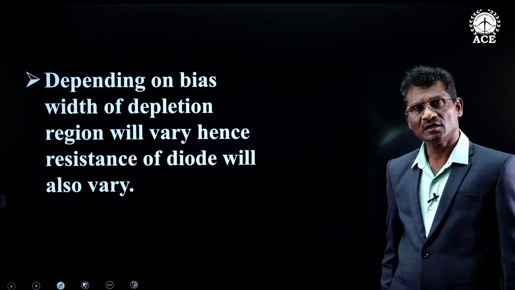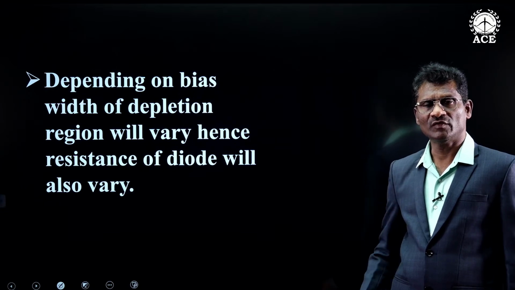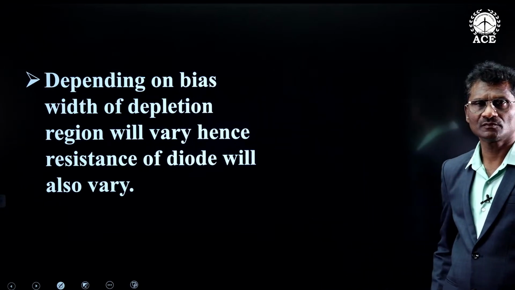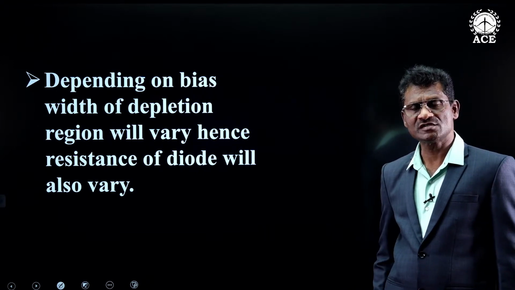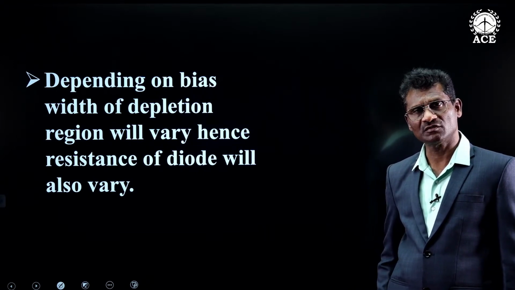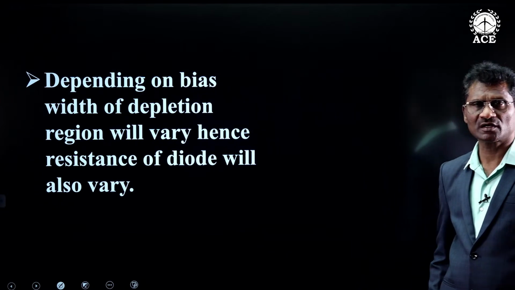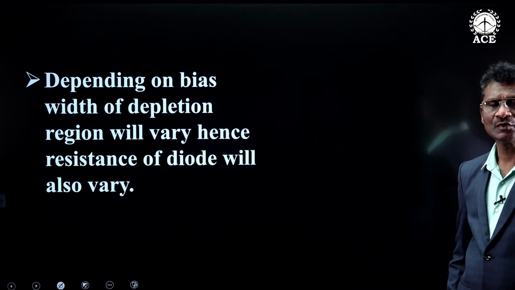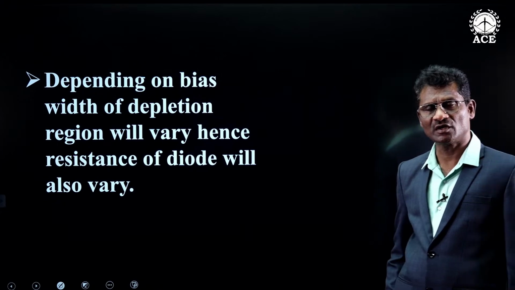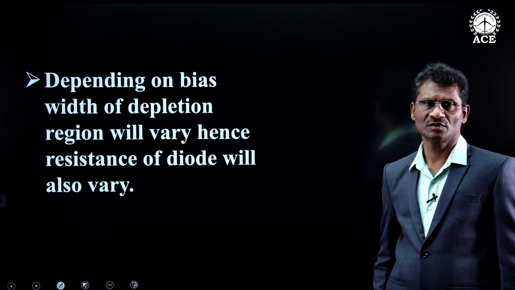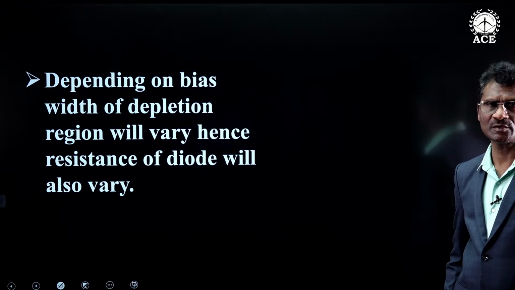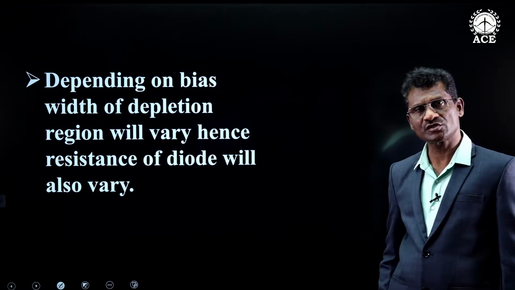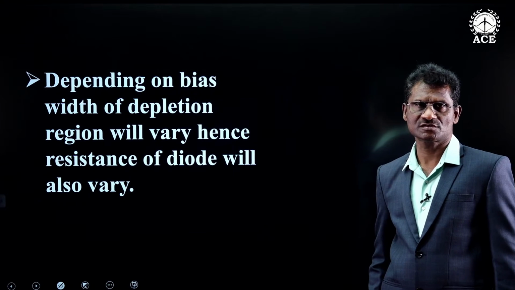Every material in this world will exhibit a resistance. If it is conductor, resistance is low. If it is insulator, resistance is high, very high. If it is semiconductor, it is medium. So every material in this world will exhibit a resistance. PN diode is made up of either silicon or germanium. So it also exhibits some resistance.